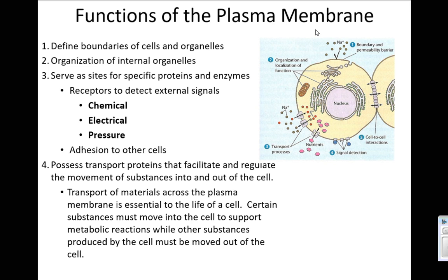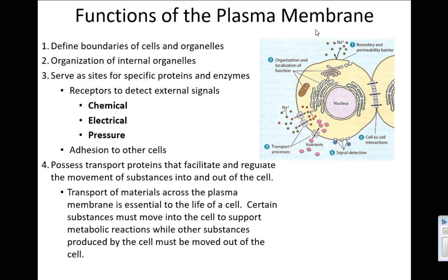Pressure can be as simple as pushing in on your skin. And there are pressure-sensitive receptors associated with neurons in your skin that allow us to feel touch. Okay. And then receptor sites, or those proteins, like I said, help us stick cells to one another. And you can kind of see over there on the right.